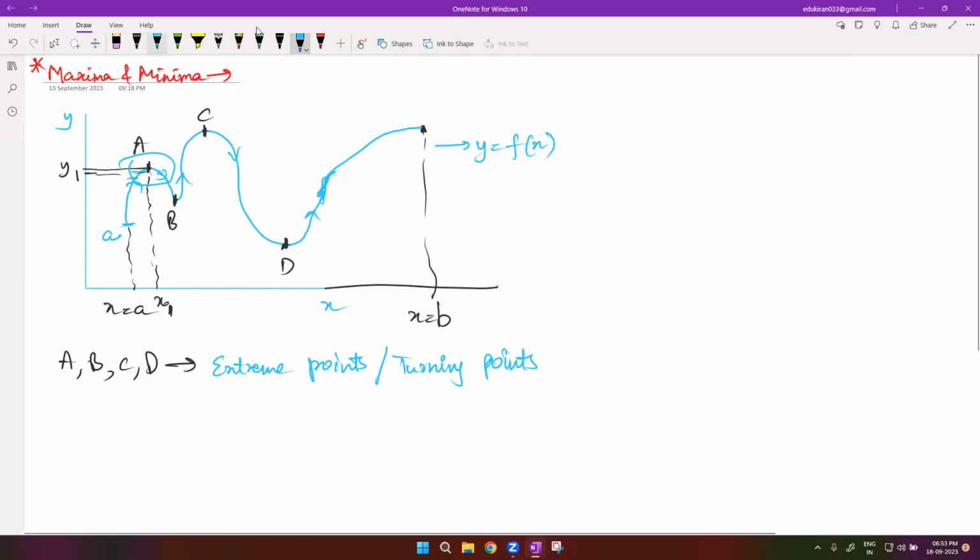That is why you can call A and C local maximum, or points of maximum.